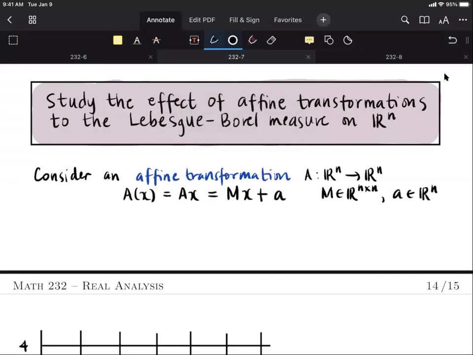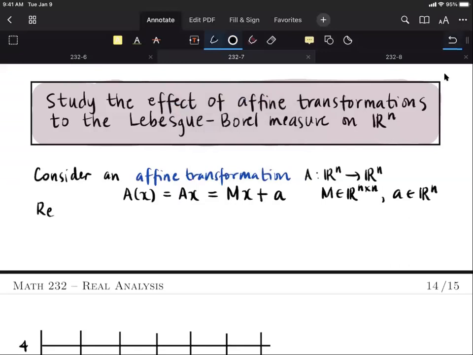So this is what we call an affine transformation. It is a translation of a linear transformation. So in particular, if b is the zero vector, you have a linear transformation.